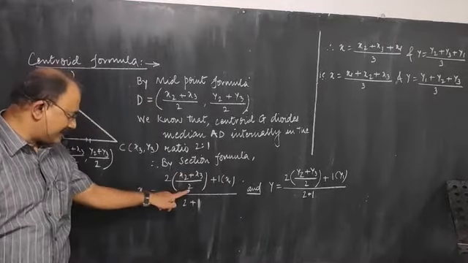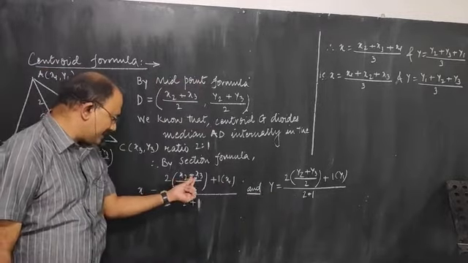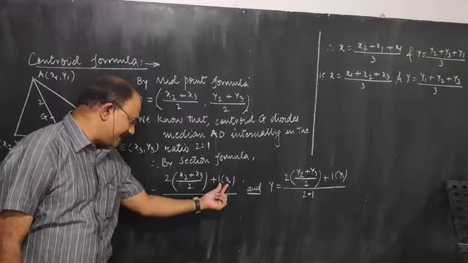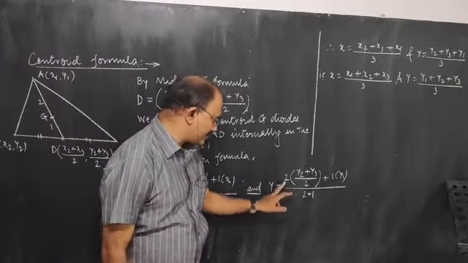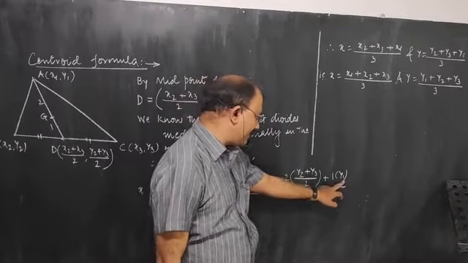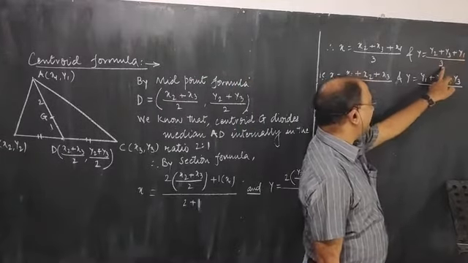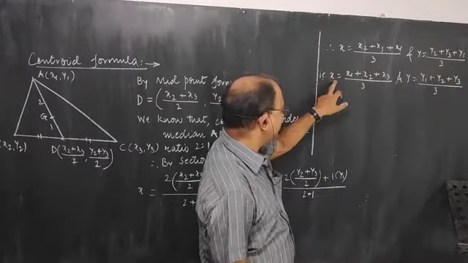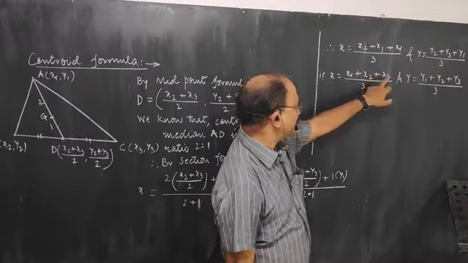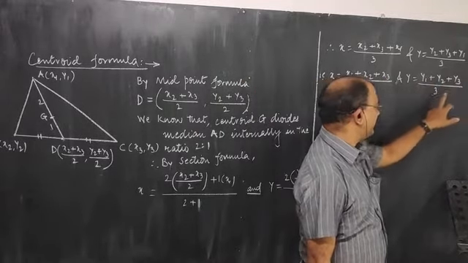Now this 2 cancels with this 2, here also 2 cancels, and what you get here is x2 plus x3 plus 1 into x1, that is x1, divided by 3, which I wrote there. Similarly, here also 2 cancels, 1 into y1 will be y1, and what you get is y2 plus y3 plus y1 divided by 3. Systematically, if I write, I get x is equal to x1 plus x2 plus x3 by 3, y is equal to y1 plus y2 plus y3 by 3.